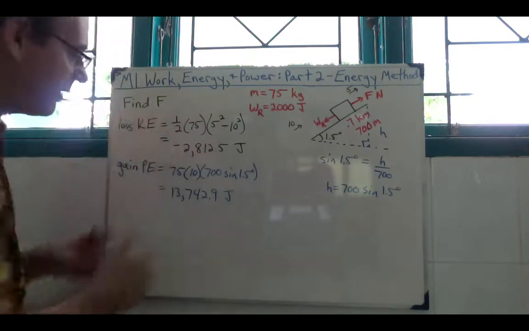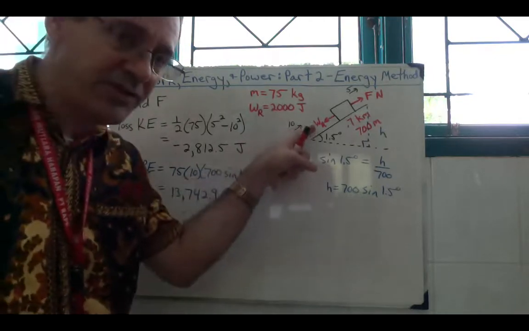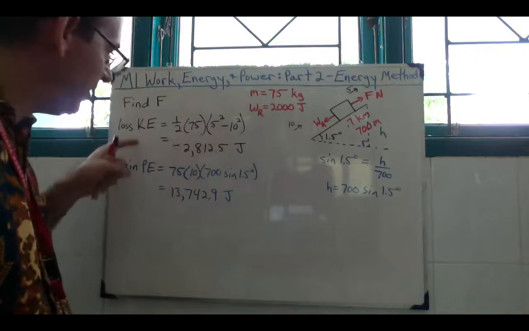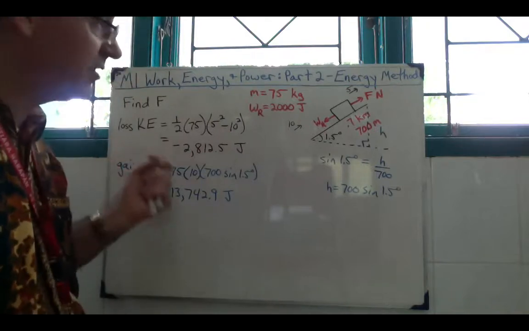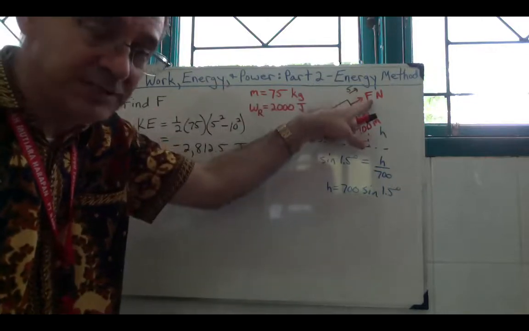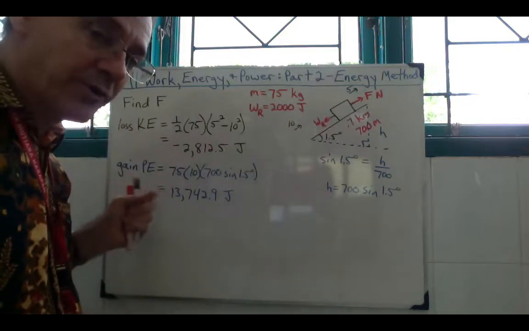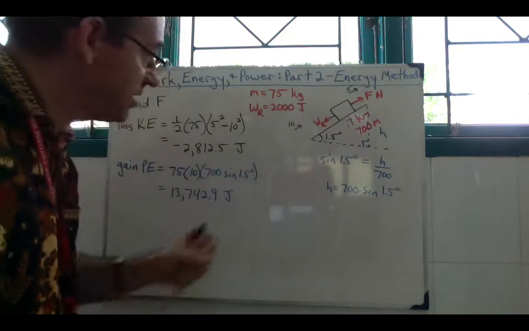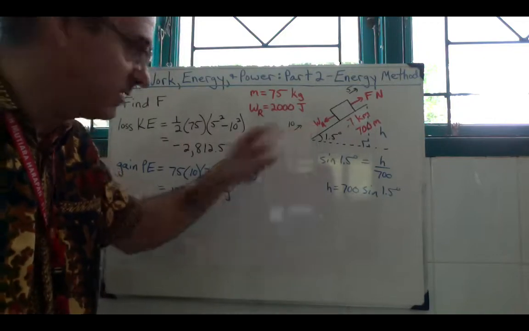So here we have our two energies. Now, because there is a resistance, we cannot set these equal to each other. And actually, we don't want to set them equal to each other because our variable that we're solving for is actually finding a force. But these are important for the total energy equation that we need to use because there is resistance.